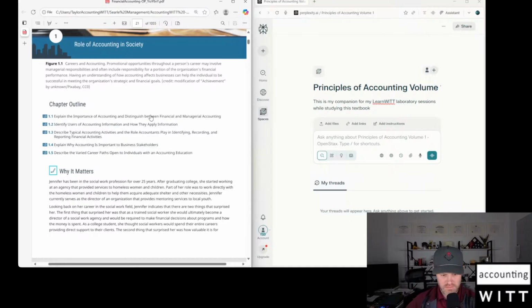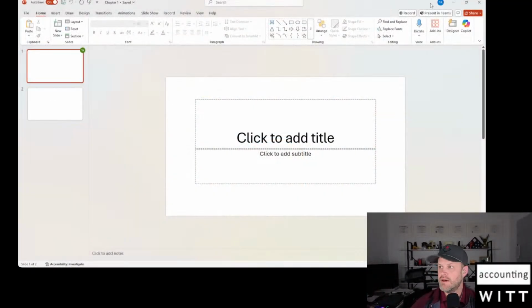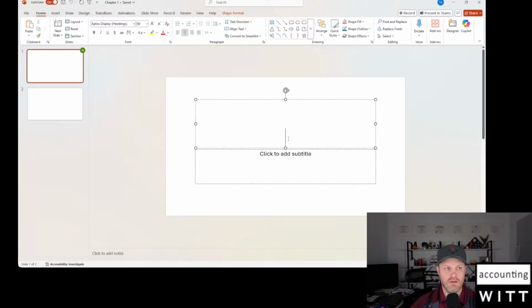The other thing along the way is I'm going to be building a PowerPoint for the course. So chapter 1. So might as well go to that. This is Principles of Accounting, Volume 1.